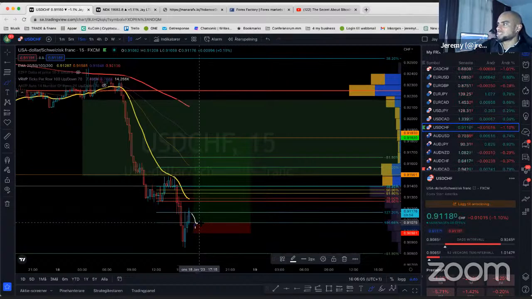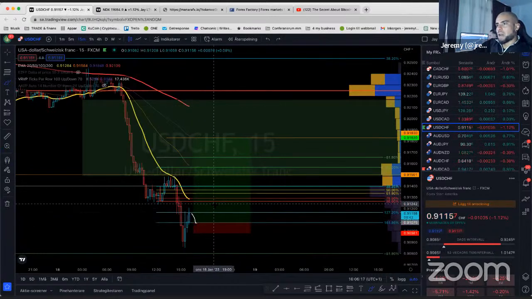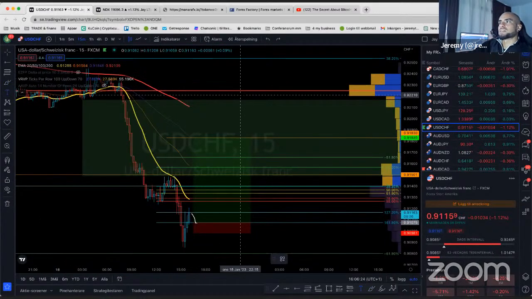And the entry zone is 0.9107, sorry, 0.9107 US dollars. That's the entry zone. Let me text this for you guys so you can see it.